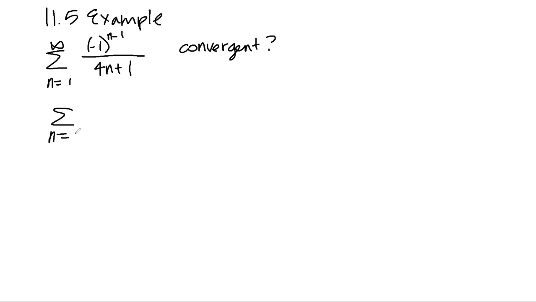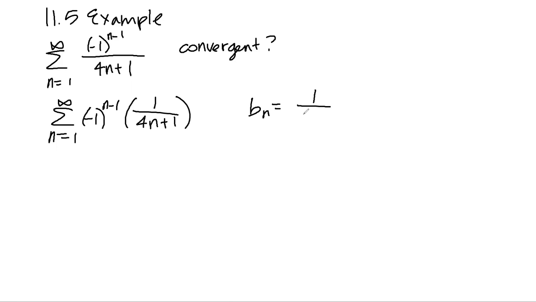So instead of having that (-1)^(n-1) in the numerator of the fraction, I'm going to pull it out to be completely separate so that it's very clear to us what our b is. Okay, so now we have this in the format of (-1) raised to a power times b_n, which means our b_n is 1 over 4n plus 1.